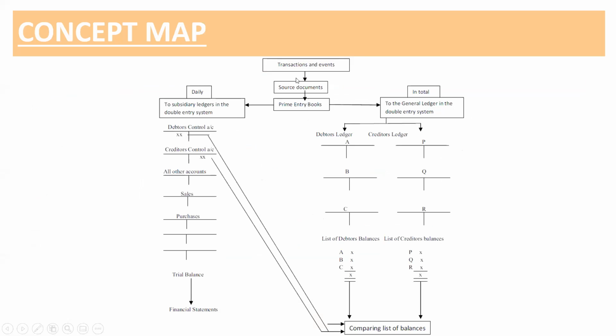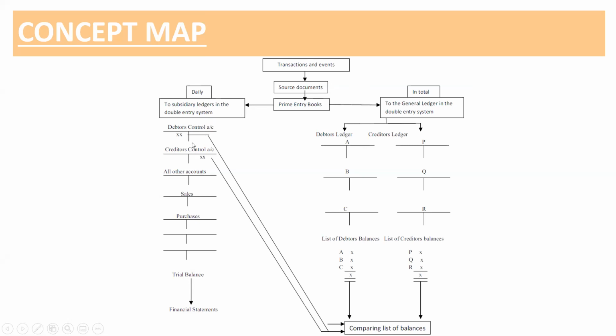Now here you can see, once we record the transaction from prime entry book, we prepare the general ledger using the double entry system. In the general ledger, we have the debtors control account and creditors control account.